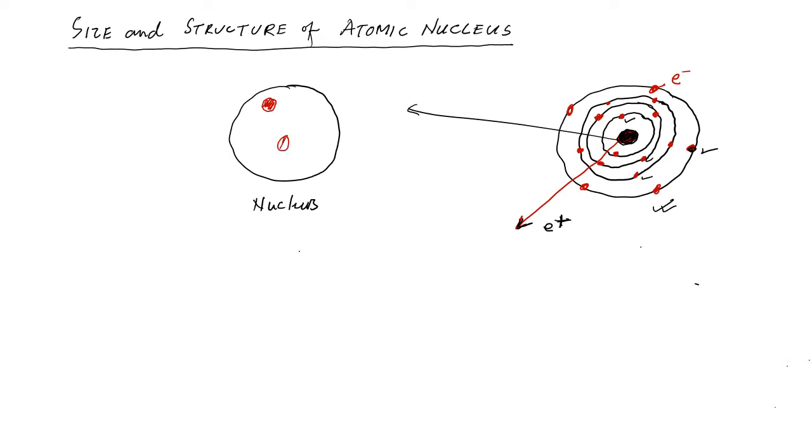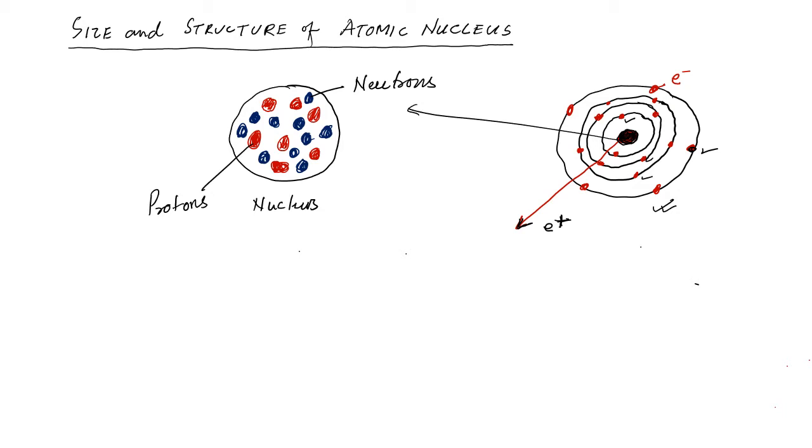Say these are protons, and we have neutrons filled everywhere. So these are protons and these are neutrons. So inside this nucleus, there are protons and neutrons.